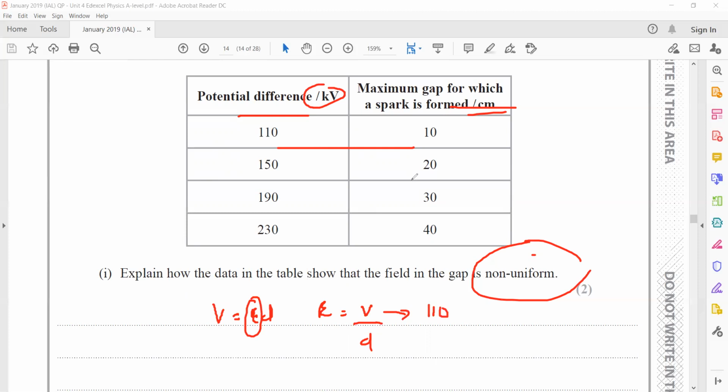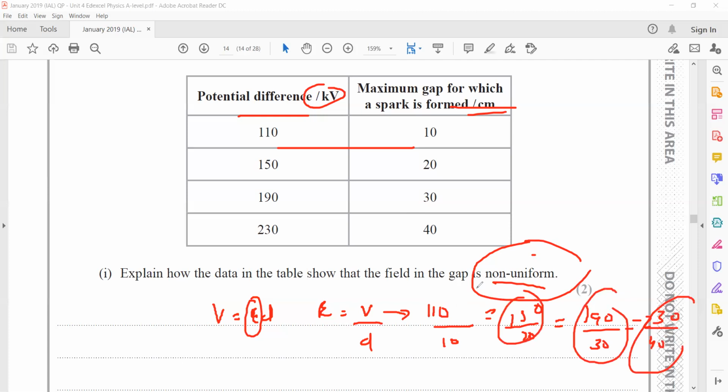Even if I do not convert the units, it will not make a difference, because I want to show that it is not constant. So I compare the ratio of the first value with the second, then the third, and then the fourth, which is 230 divided by 40. I'll find the ratio is not constant, because the ratio between voltage and distance between the plates is the electric field strength.